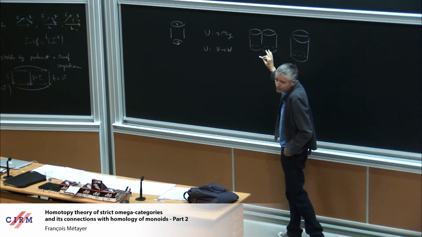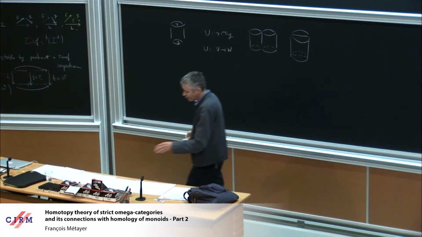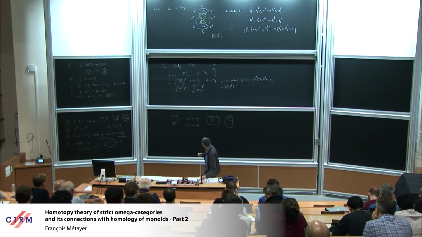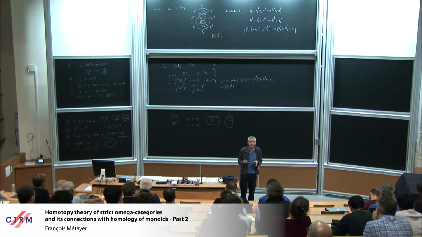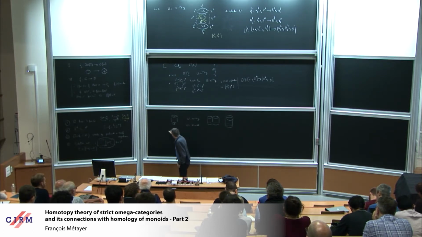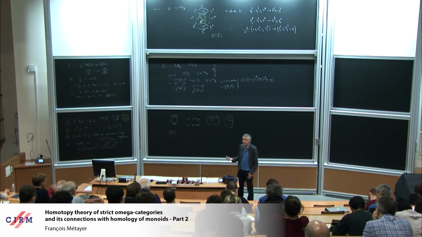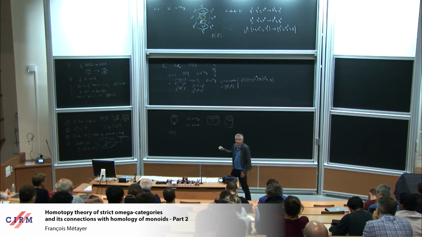So those are two cylinders, actually. You can compose them. And you can check that all axioms of strict omega categories are satisfied, so that gamma C defines a new omega category together with functors.